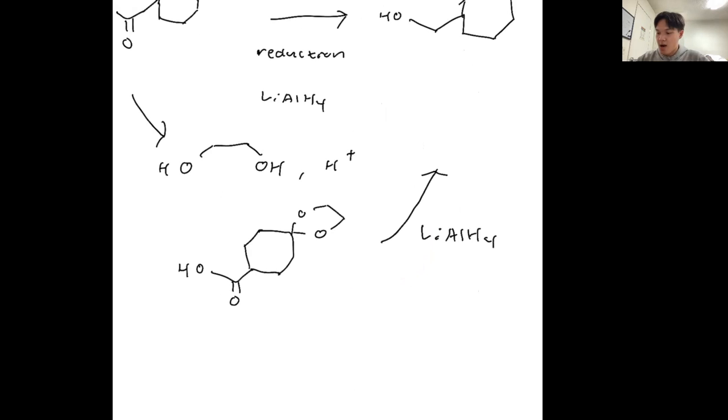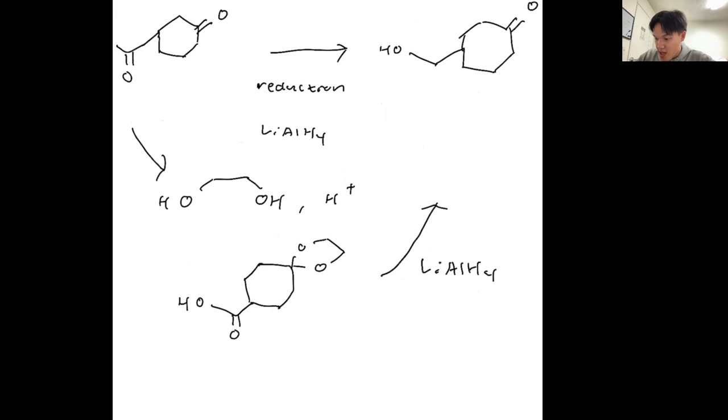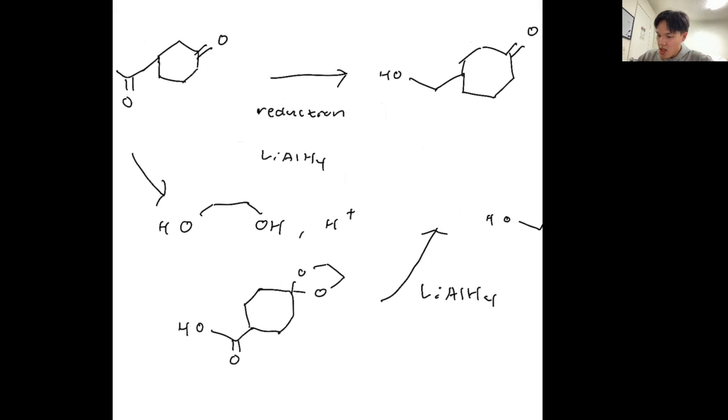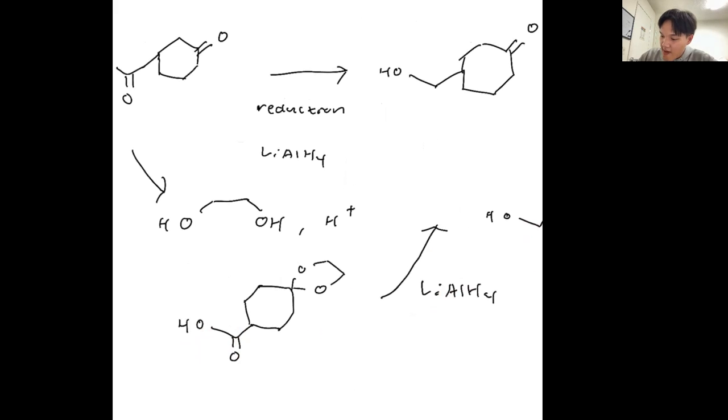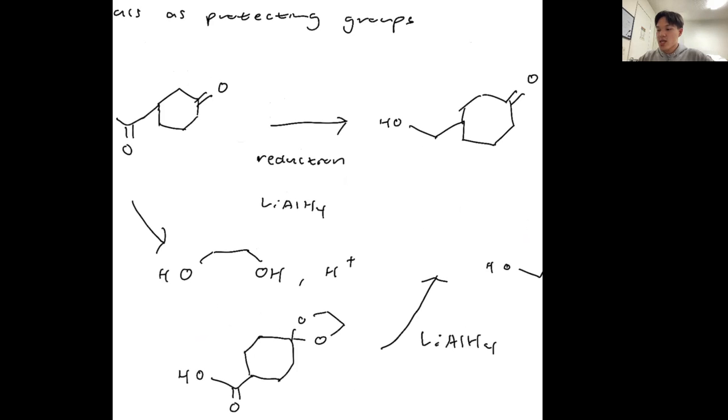And when that happens, this carboxylic acid gets reduced into a primary alcohol, right? But then we still have this acetal group, right? So what's going to make it turn into a ketone is if we react it with an acid under water, right?